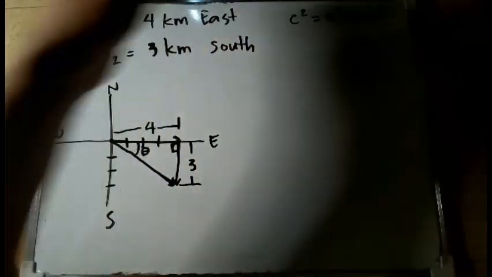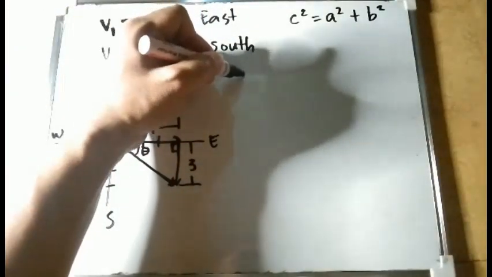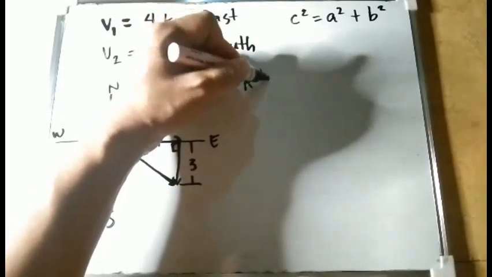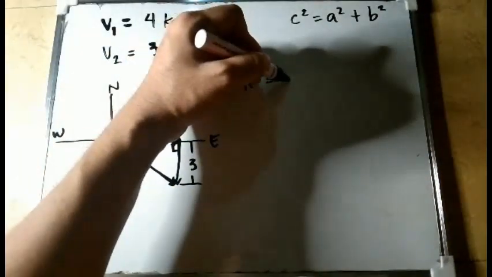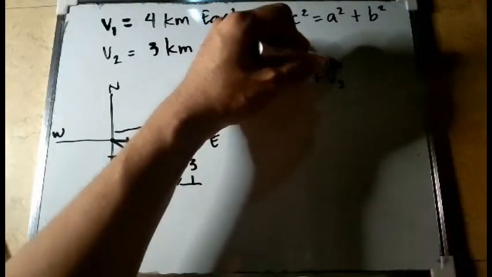Okay, so same din kapag hinahanap natin yung magnitude ng resultant natin, so we have r squared is equal to v sub 1 squared plus v sub 2 squared.